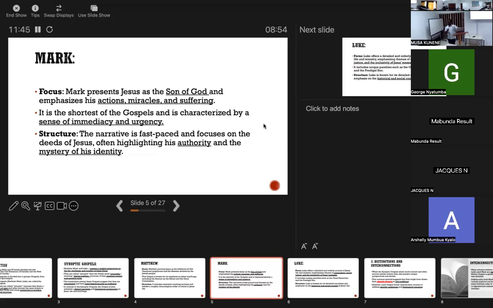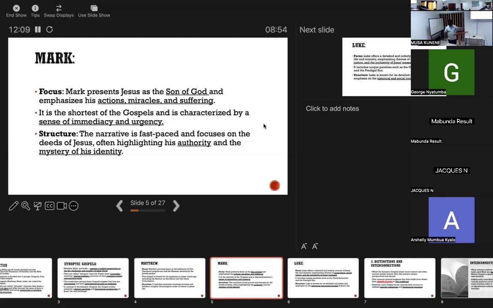You will note that Mark actually has the shortest account. Mark is the shortest of the Gospels and is characterized by a sense of immediacy and a sense of urgency. You will find that in your reading.